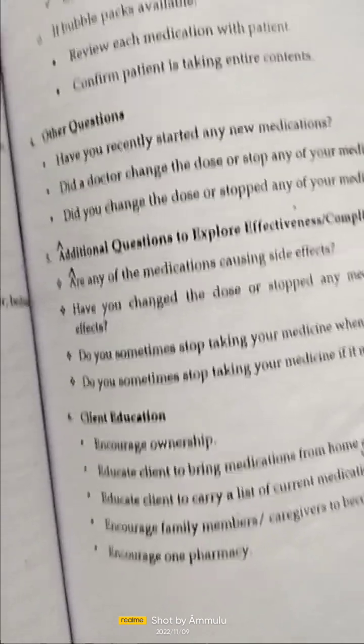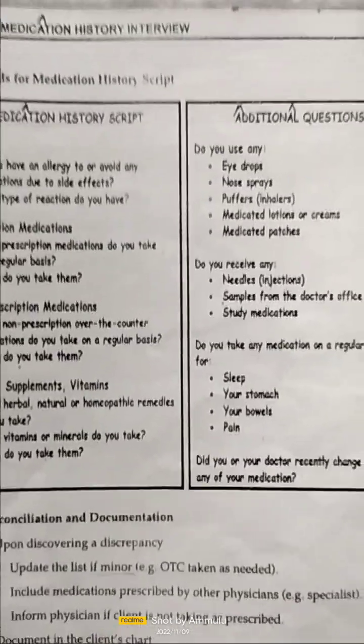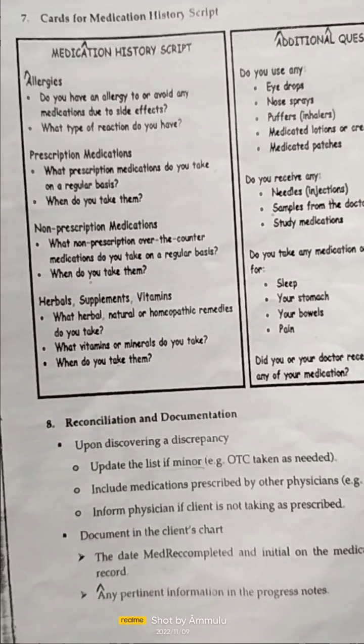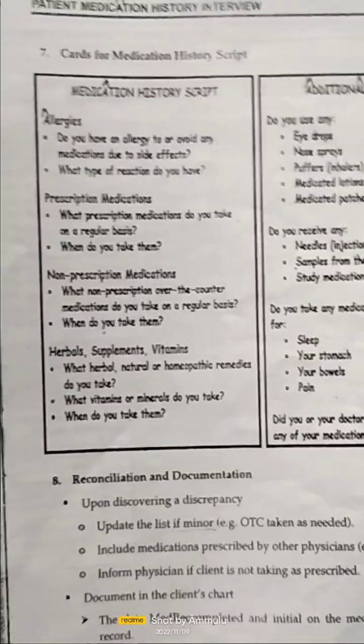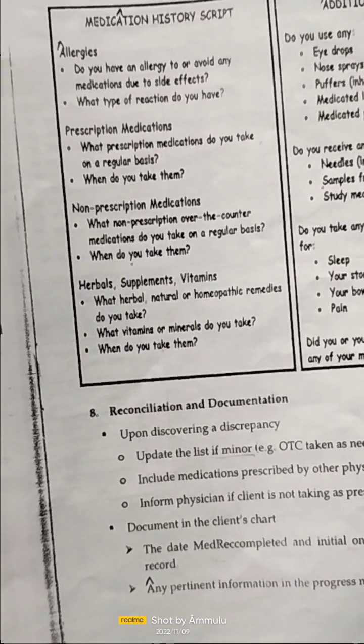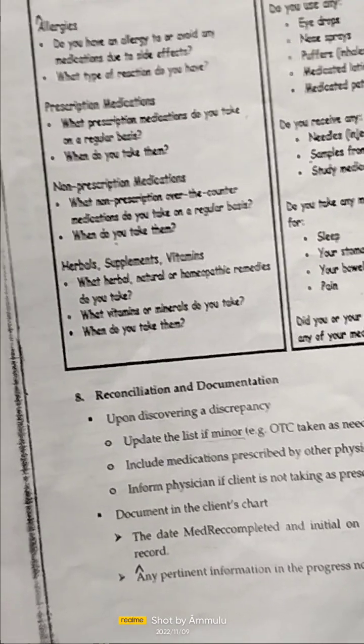After that, the cards of the medication history script could be like this. Here I am showing this in the video. For example, any allergies, do you have any eye allergy? These are some questions.